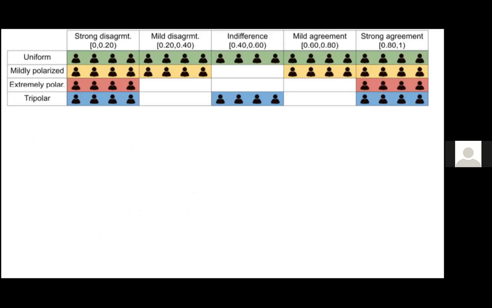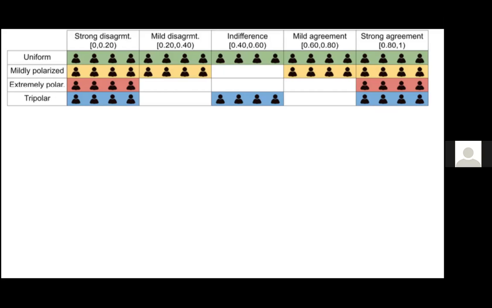So for example, we consider different kinds of scenarios. We have a uniform distribution, meaning that we have an equal number of people in all these intervals. Strong disagreement is between 0 and 0.2, like the people against the peace process. Mild disagreement is between 0.2 and 0.4.